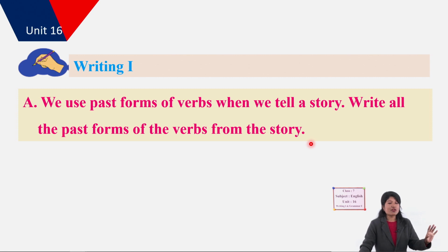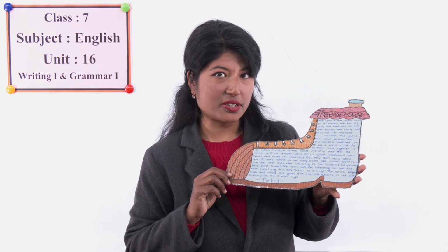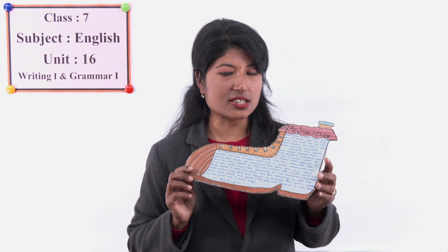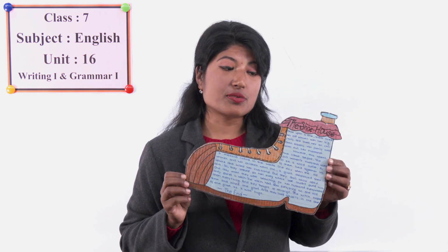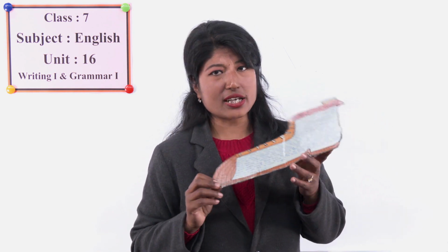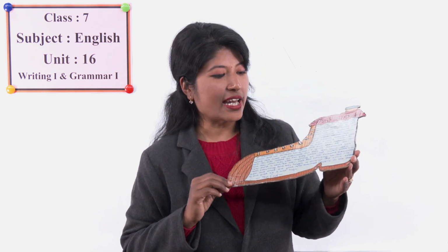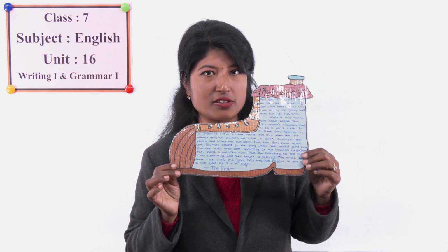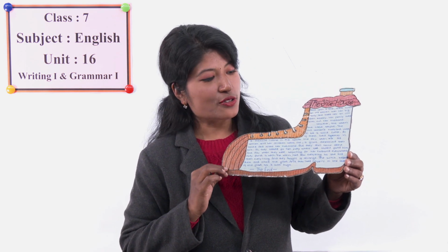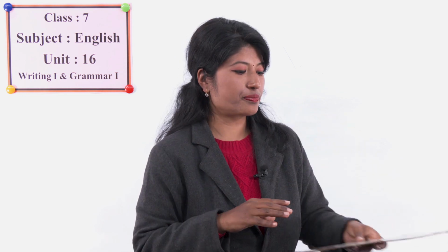And for the story that I brought about the shoe, you can also list out the verbs from there as well. The verbs that we discussed, and you will come to know the past forms of the verbs. For the activity, you can also create such stories, as my students prepared this one for me. So you can also write stories in these different forms.